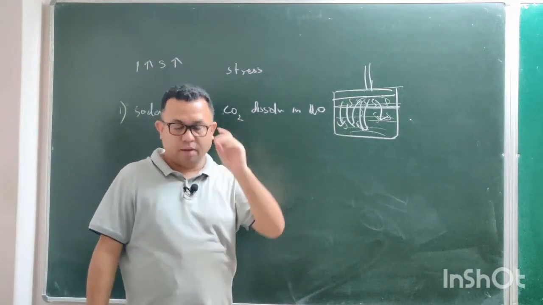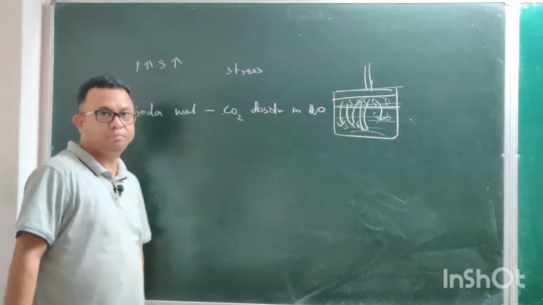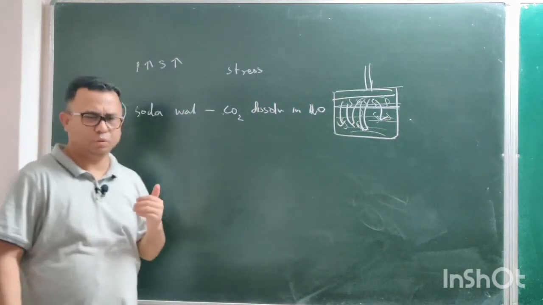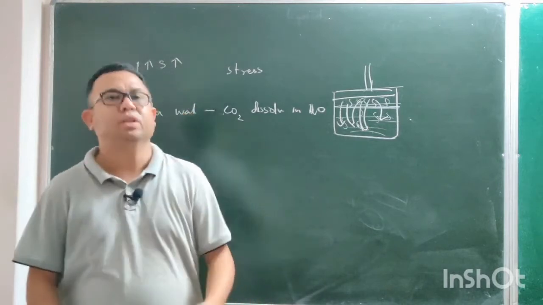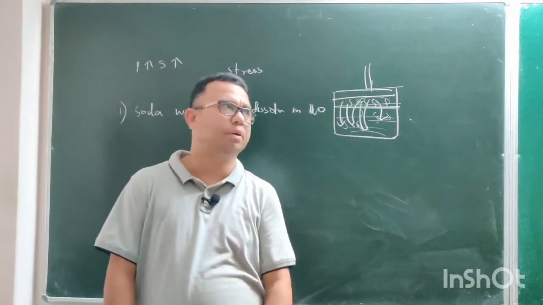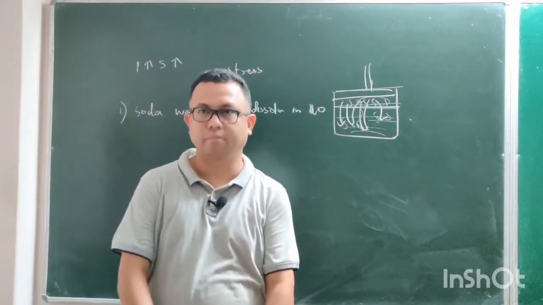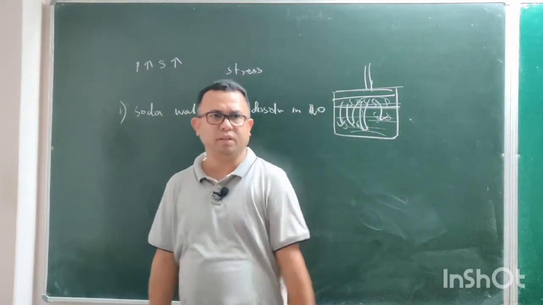Another application that we can talk about is a situation which usually arises with sea divers. For example, you have heard about scuba diving. They go very deep down in the sea, and they carry an oxygen cylinder with them.